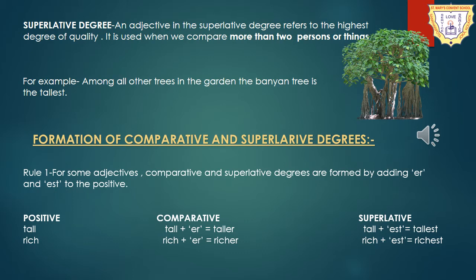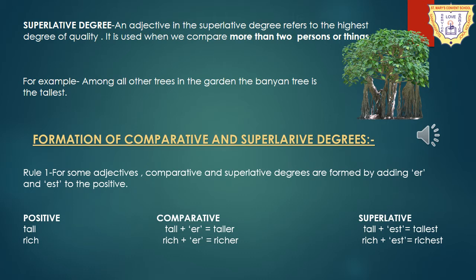Now, how can we form the comparative and superlative degree of adjective from the positive degree? We have some rules for the formation of comparative and superlative degrees. Rule number 1. For some adjectives, comparative and superlative degrees are formed by adding er and est to the positive.